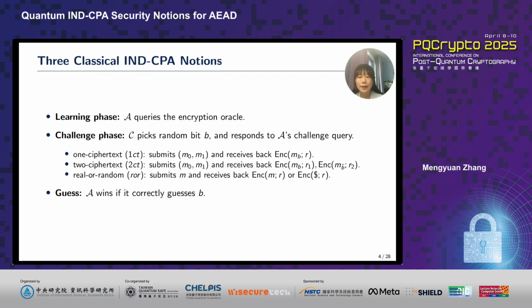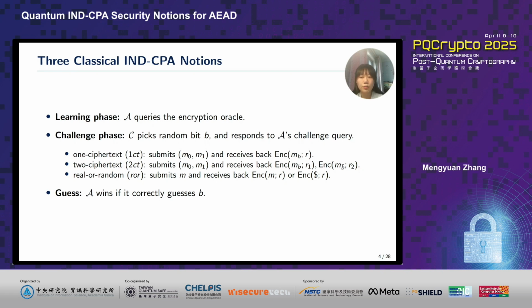We call the way that the challenger responds to its challenge query the return type. There are three return types in the classical setting: one ciphertext, two ciphertexts, and real-or-random. In one ciphertext, the adversary submits two equal-length messages M0 and M1 and receives back the encryption of Mb for the challenge bit b, while in two ciphertexts, the challenger returns both the encryption of M0 and M1, but the order returned depends on its bit b.